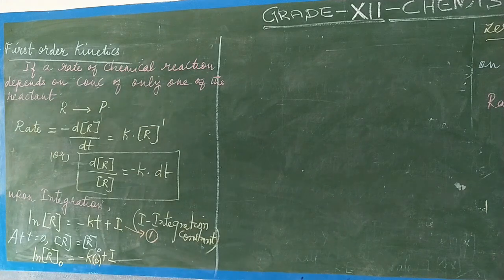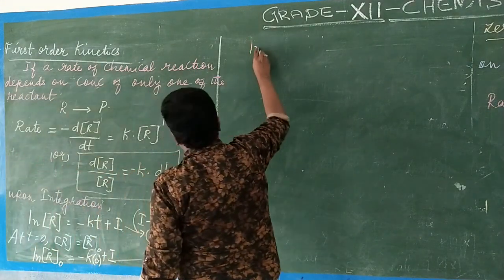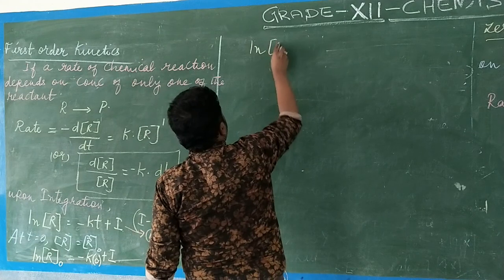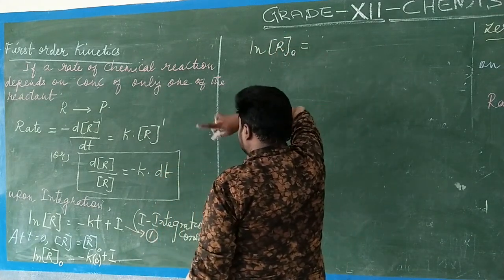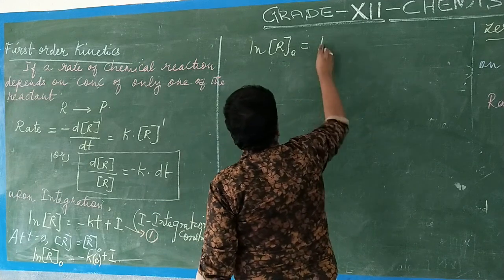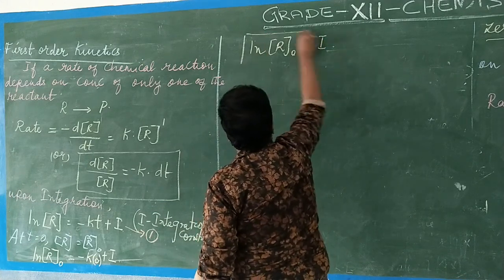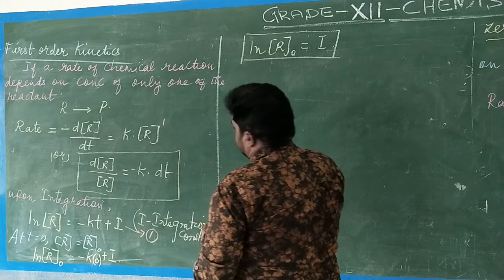So ln of concentration of R naught is equal to k into 0, which becomes 0, plus I. So I value is this, isn't it?